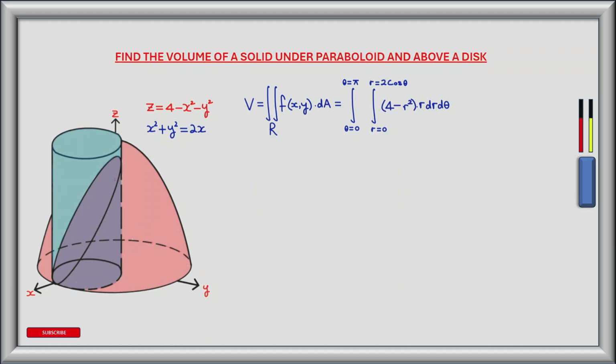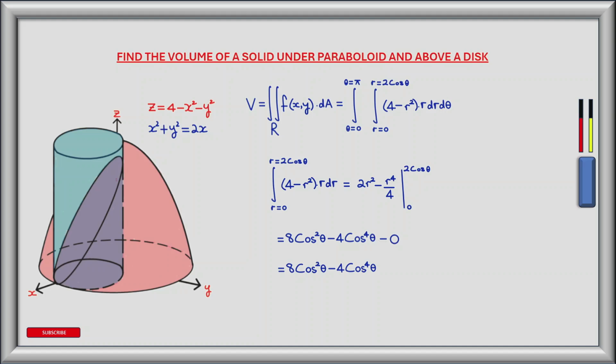So to find our volume, we need to evaluate the double integral from r equals 0 to r equals 2 cos theta of 4 minus r squared multiplied by r dr. And then the function of theta this produces, we need to integrate between theta is equal to 0 and theta is equal to pi.